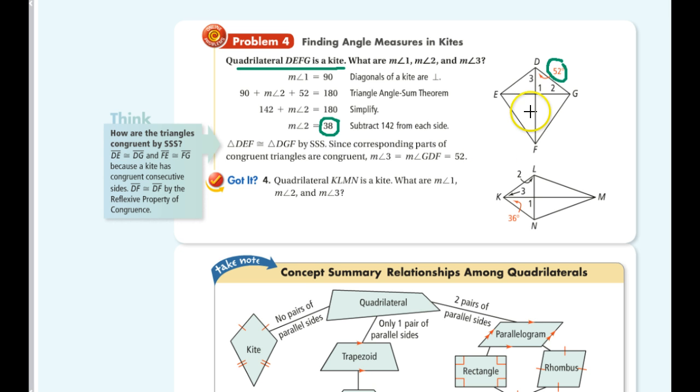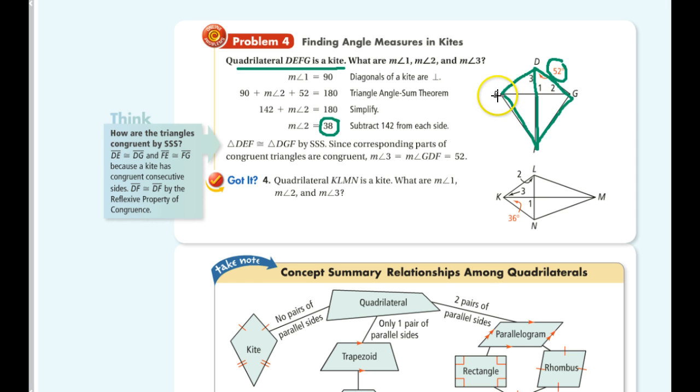Okay, so the last thing we need to find out is what's the measure of angle 3. We know that triangle DEF, which is this one right here, is congruent to DGF because of side, side, side. The middle side here is common to both of them, so it's congruent to itself.